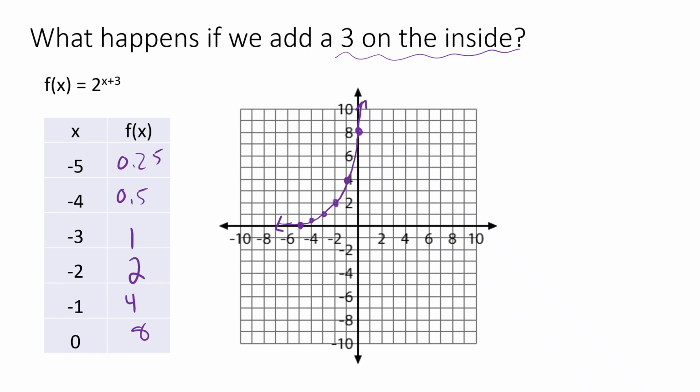There we go. And yeah, so what has happened from our original graph, I'm going to go change my color over, is before we had the 0.25 here, and it has now moved 3 to the left. 0.5, and our new one is 3 to the left. 1, 2, 4.